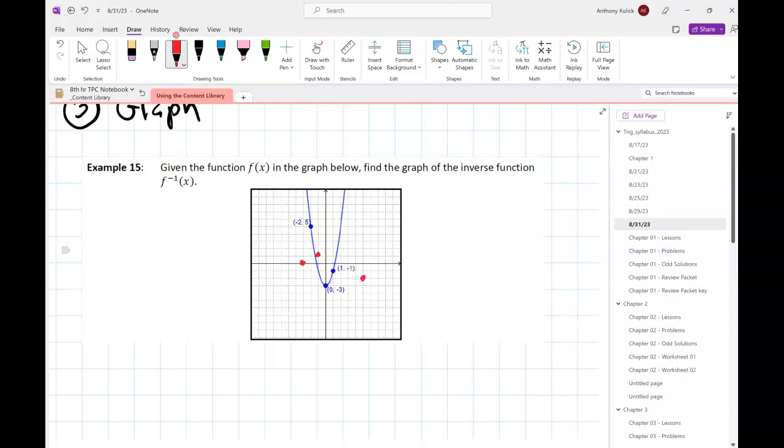Everybody's okay there? But how am I going to connect these now? Well, here's my advice. The vertex in F will still be a vertex in F inverse. And the shape is basically going to be the same.